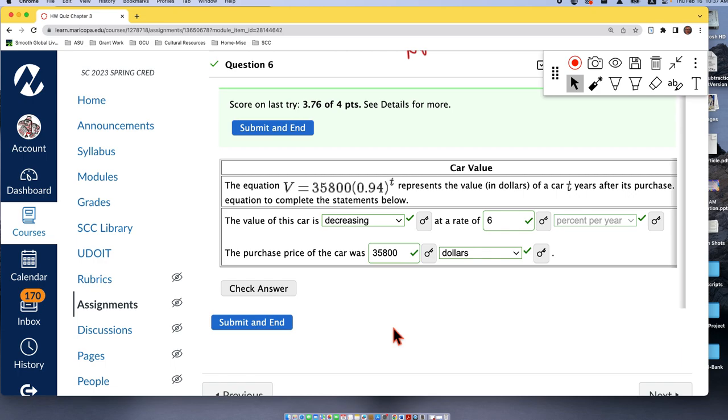Decreasing? Decreasing because the factor inside here is less than 1. Oh, okay. So if you subtract 1 from it, 0.94 minus 1, you get a negative number. Okay, got it. Decrease. Good, yeah. Thank you for asking that question. If you have a question, there's more than one person that probably has that same question.